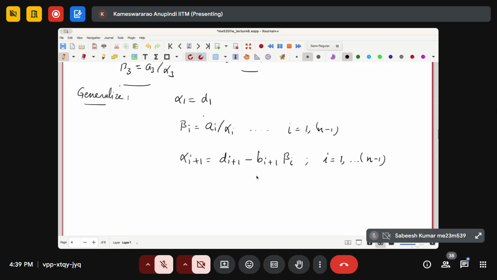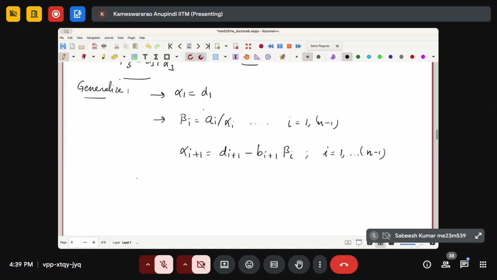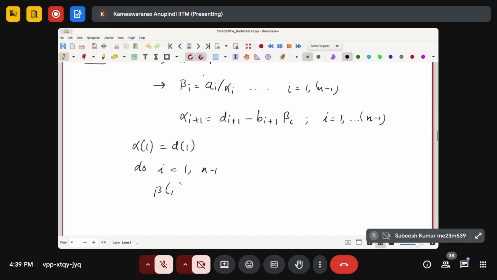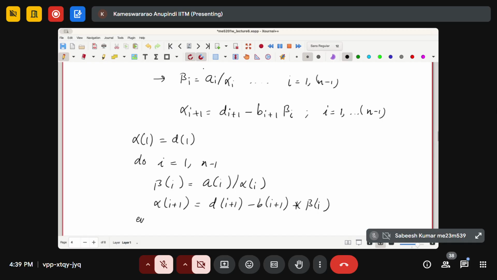That means I have my algorithm ready. You calculate alpha 1, then you calculate beta I and alpha I plus 1. My pseudocode could be something like: alpha 1 equals D1. Then do I equals 1 to n minus 1: beta I equals A of I divided by alpha I, then alpha I plus 1 equals D of I plus 1 minus B of I plus 1 times beta of I, end do.